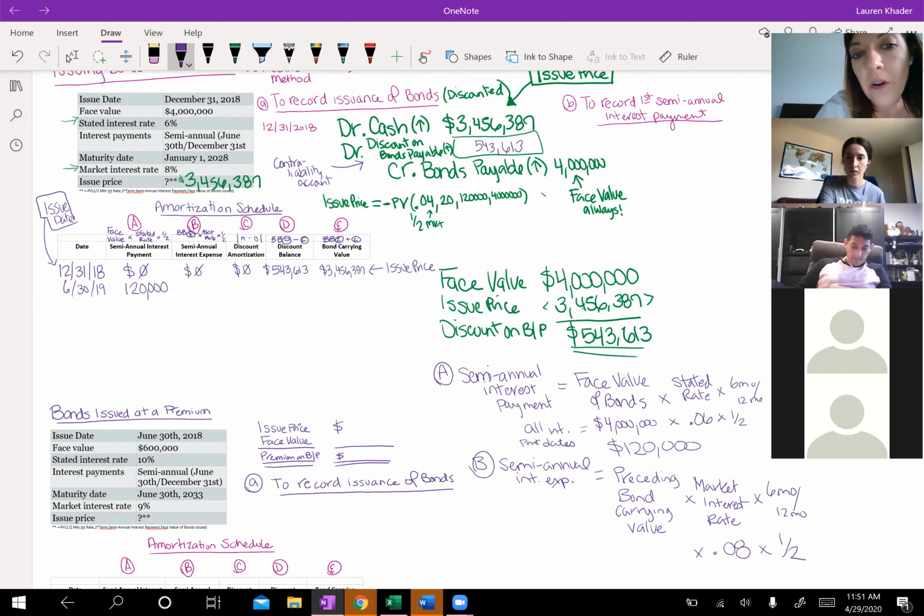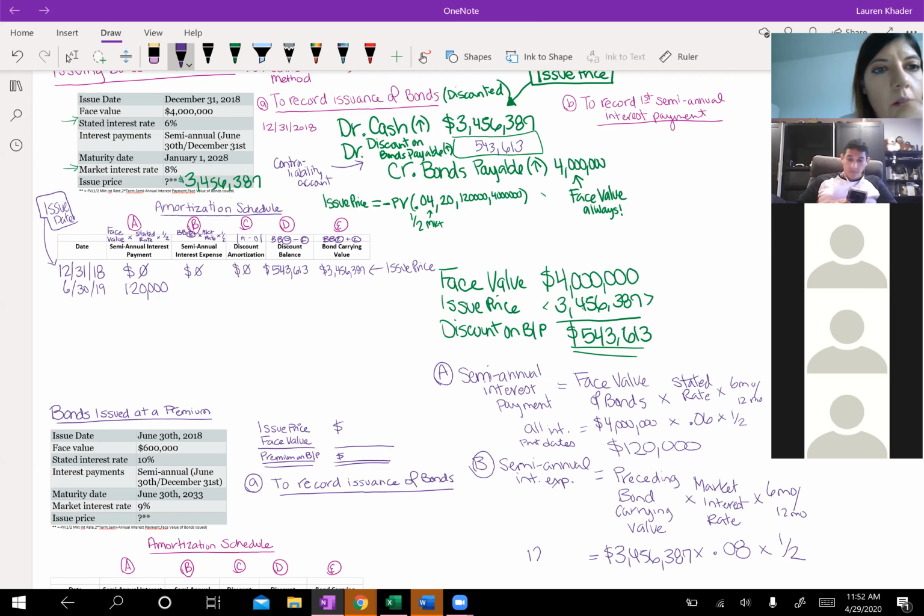And that's why I wrote beginning balance of E. So it's the line above, the carrying value before we've incurred this interest. So the preceding beginning balance that we have. In this case, it's 3,456,000 $387. And this is going to be our 6/30/19 interest expense.